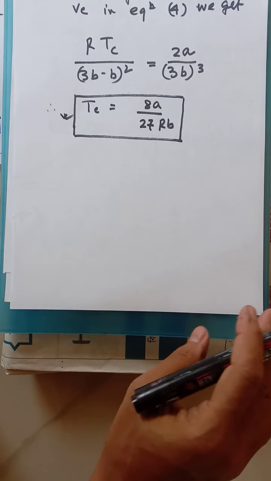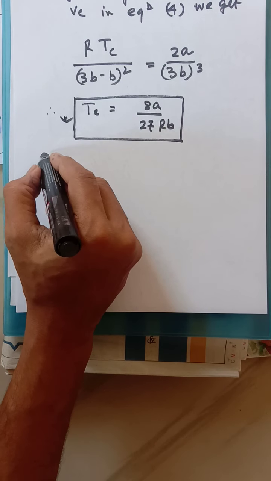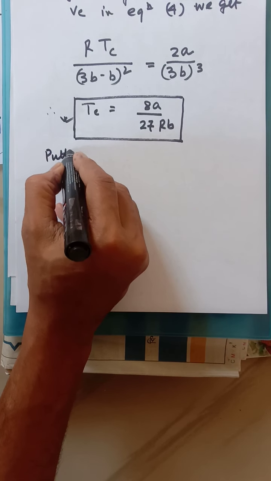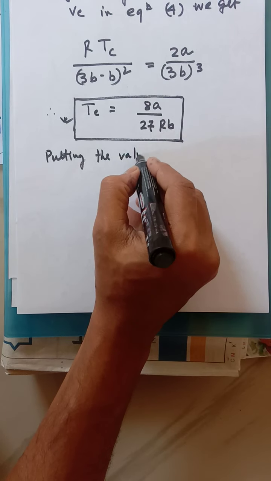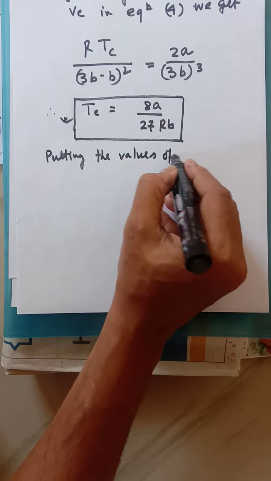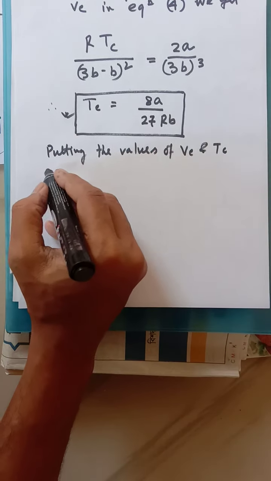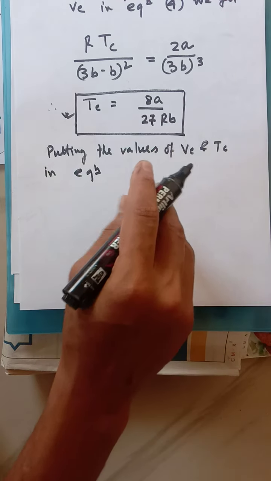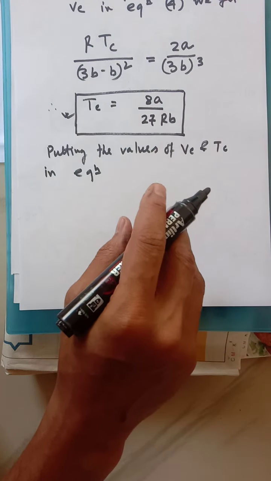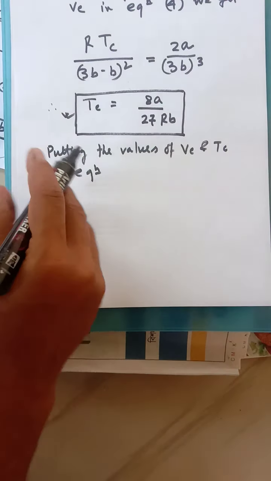Now after getting TC, we can put the values of VC and TC in equation 1. Let's see what was the equation number, equation 1.